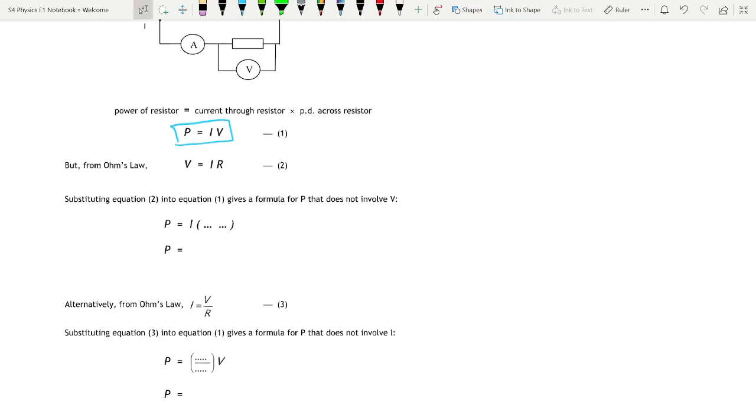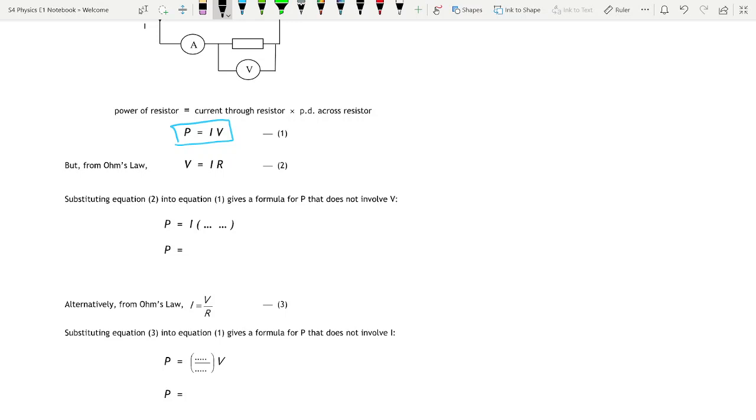We also know from Ohm's law, V equals IR. So voltage or potential difference is current times resistance. What we can do is substitute in the V. So this V, IR, we can put in instead of the V here.